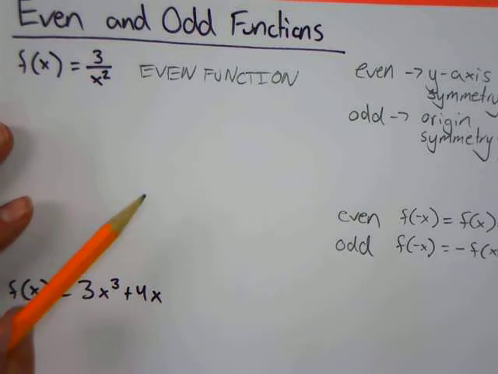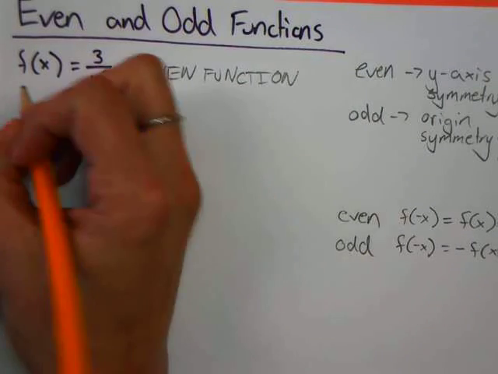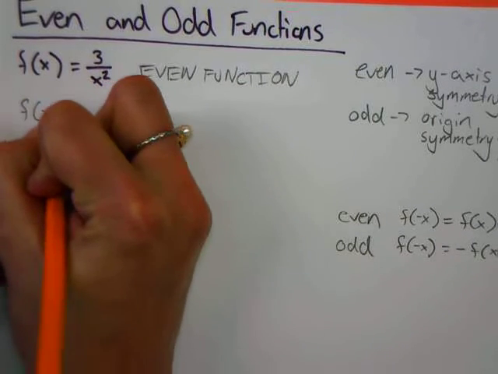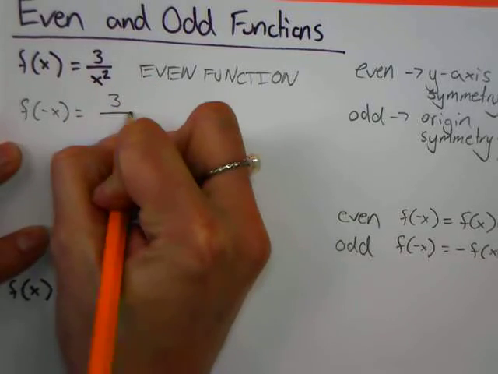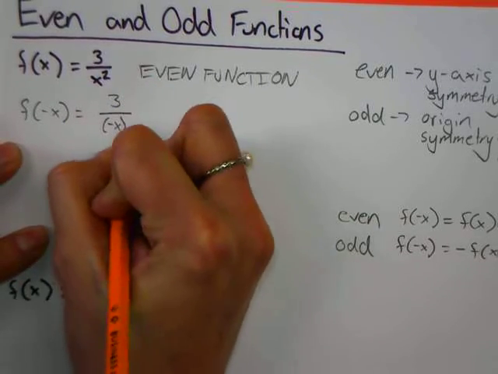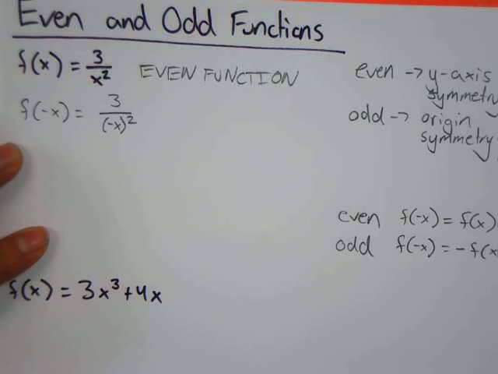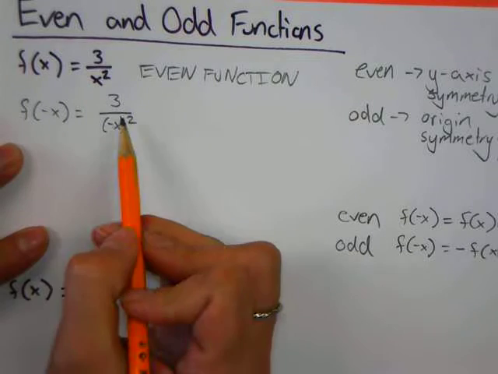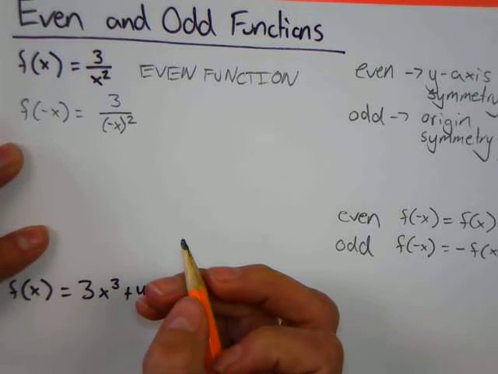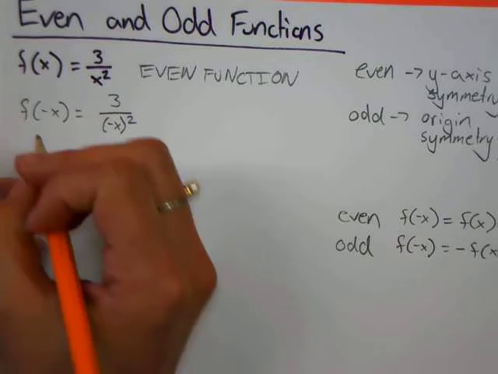So let's go ahead and check by actually confirming algebraically by finding f of negative x. So f of negative x would be equal to 3 over negative x squared. And if I simplify, when I square this negative x right here, I'm going to end up with a positive x squared.